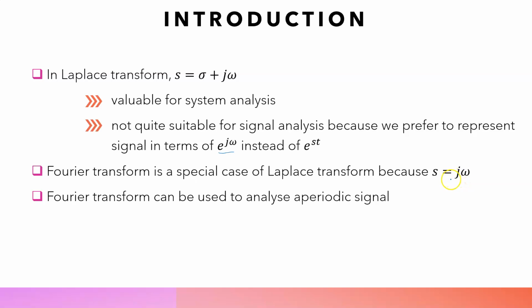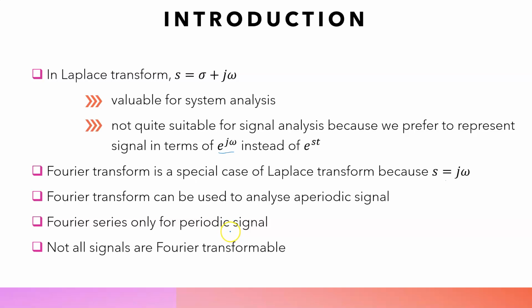The Fourier transform can be used to analyze an aperiodic signal, which is a signal that does not repeat itself after a certain period, which is different from the Fourier series that can only be used to analyze periodic signals.